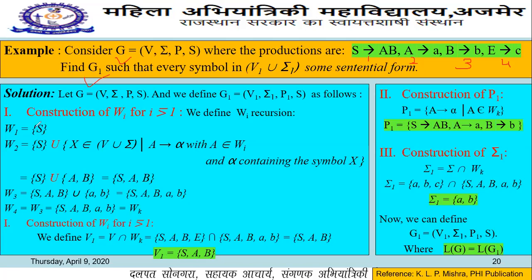So first of all, we discuss a set Wi recursively, where i is greater than or equal to 1, and stop at a particular Wk where Wk is equal to Wk plus 1. So initially W1, according to the previous theorem, is the set of the starting variable.